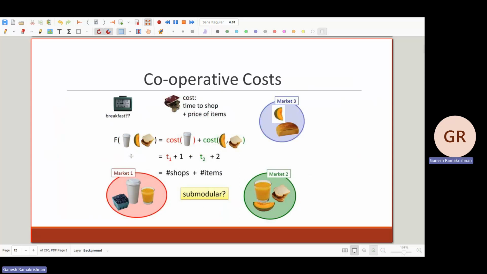So the cost of picking something from here, the cost of picking something such as fruit and bread from some other place. So there's a cost associated with going to different places. The cost in time as well as price of item. So you would go to a place where you can buy together as many items as possible to reduce your time and reduce your overall cost because there's also discount.